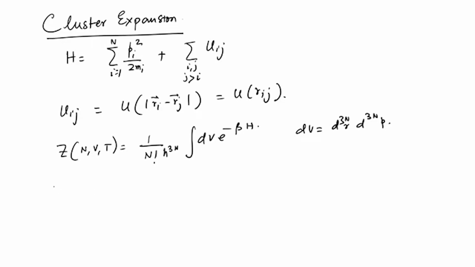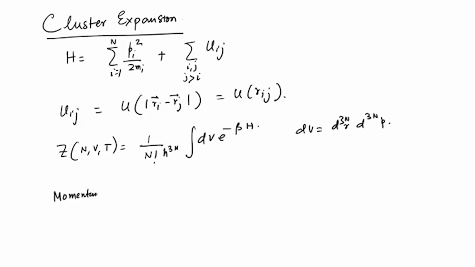The momentum integral is easy to calculate because the interaction term does not involve any momentum. It only depends upon the positional or configurational coordinates, and the only place where momentum comes in is the kinetic energy.